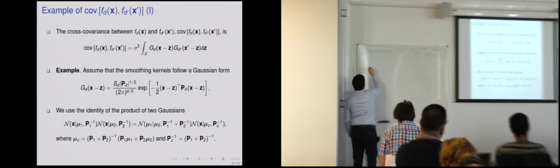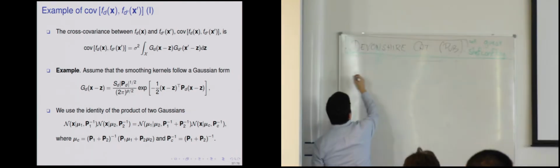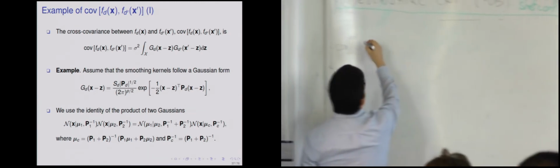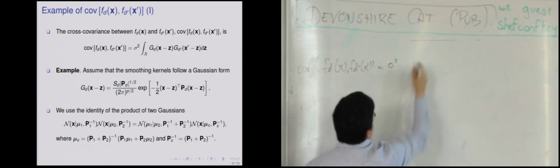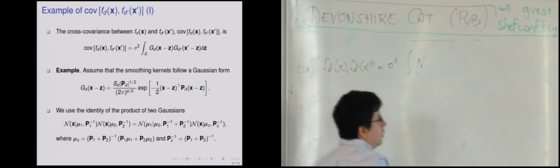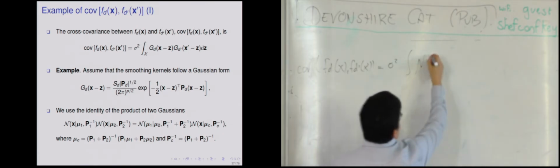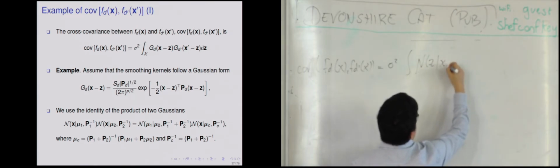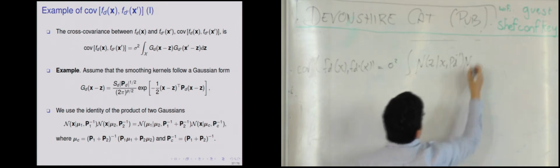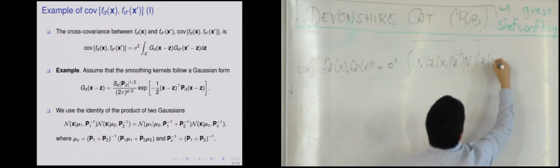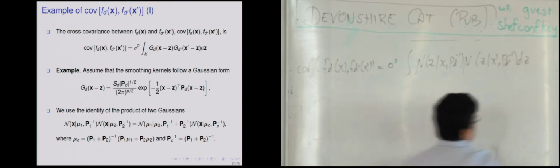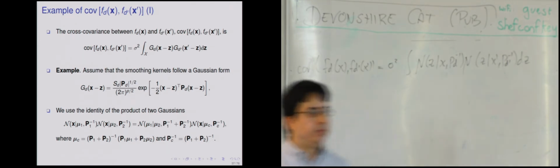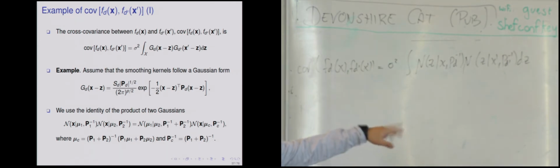So we say the covariance of fD of x and fD prime of x prime is sigma squared times the integral of a Gaussian of z given x, PD, times z given x prime, PD prime, minus 1, and I'm integrating over z. Yeah? And then I just apply the identity.